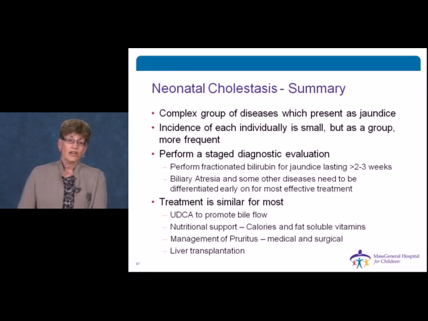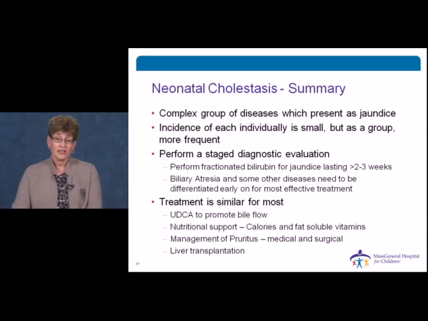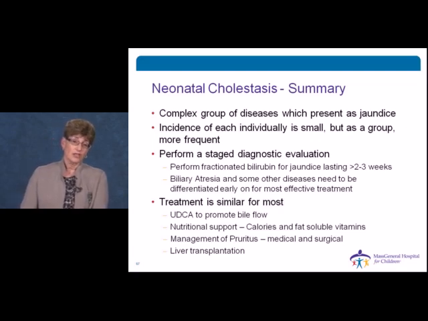It's important for us to stage the diagnostic evaluation, because if we attacked everything all at once, we wouldn't be able to get through the list, and we would not have necessarily useful information. So, again, we have to perform a fractionated bilirubin for jaundice lasting more than 2 to 3 weeks. Biliary atresia and some of the other diseases we talked about need to be differentiated early on so that the most effective treatment can be given.